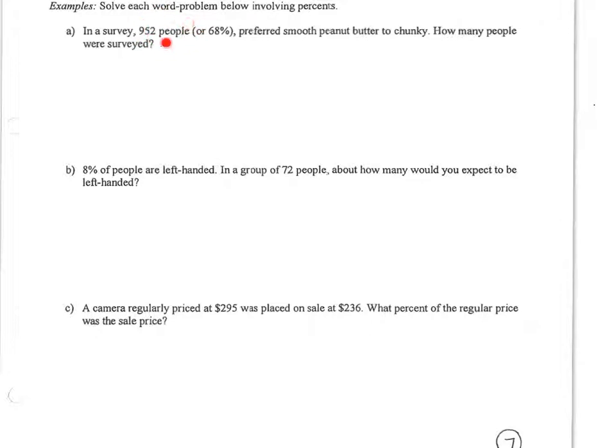This was the number of people that said that they liked peanut butter. Well, 68% of the people liked peanut butter. So we're going to figure out 68% of the total, which we don't know. This is the number of people surveyed. X is the number of people surveyed, was 952.